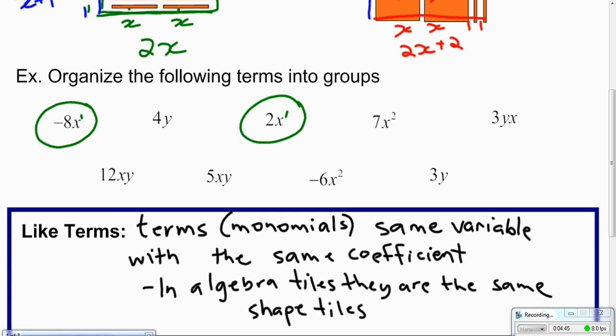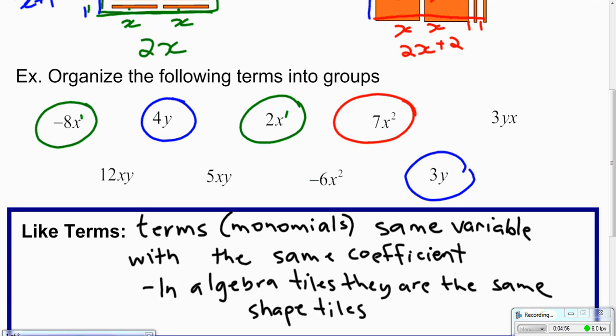If I said 4y, well, 4y and 3y go together because they both have y to the power of 1. 7x squared, we have the variable x to the power of 2, so it's the shape of a square, and then negative 6x squared goes together because it's the same variable to the same exponent. So if you notice, we're not really paying any attention to the coefficient. The coefficient in front doesn't really matter. That's not important when we're doing like terms.